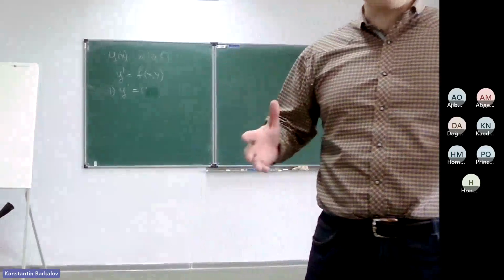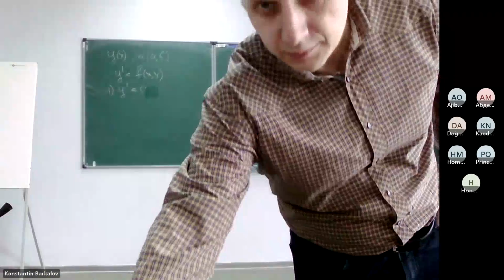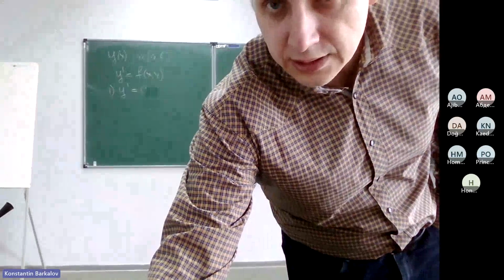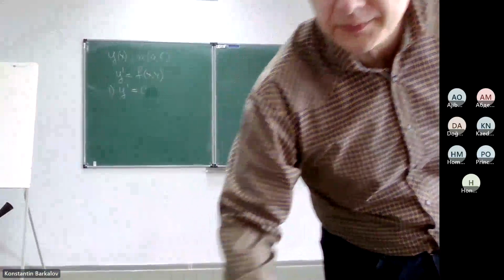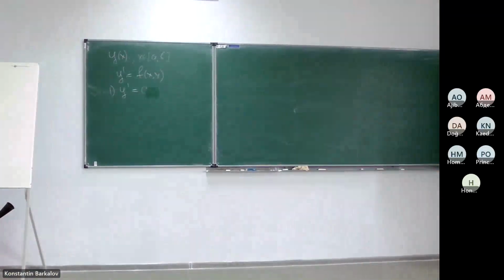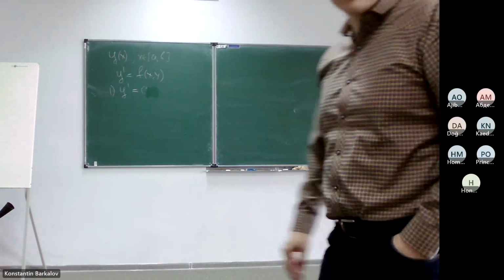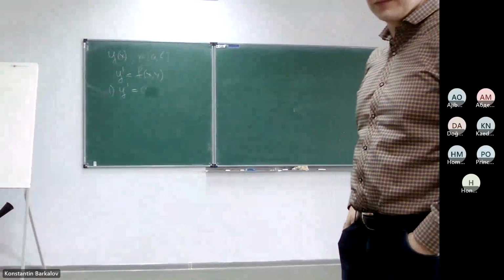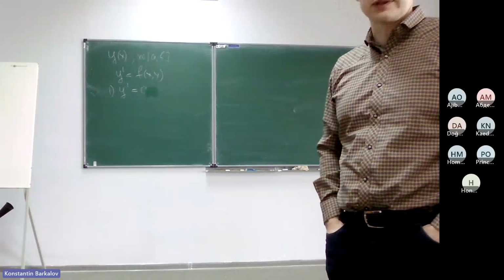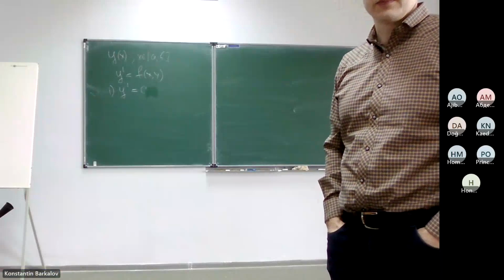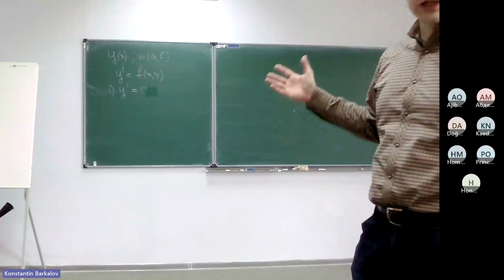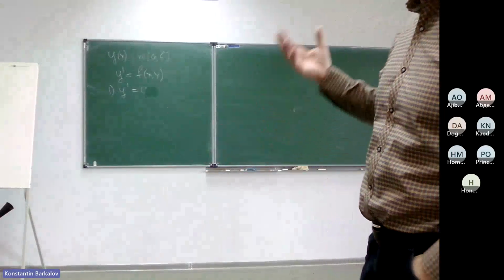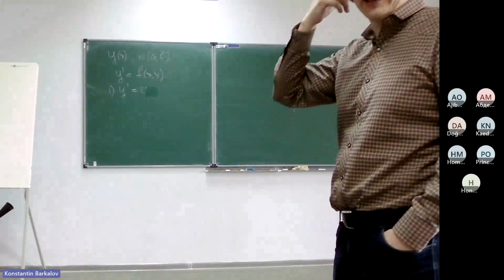Please, you can type your answers in chat. Y prime equals C, where C is a constant. Any ideas what function y we should take to satisfy this equation?